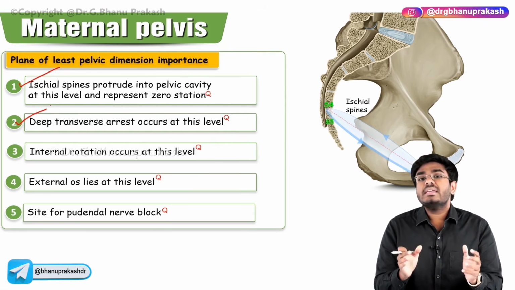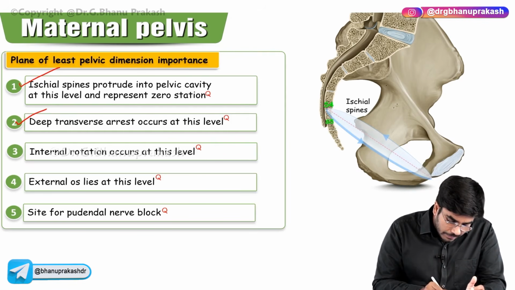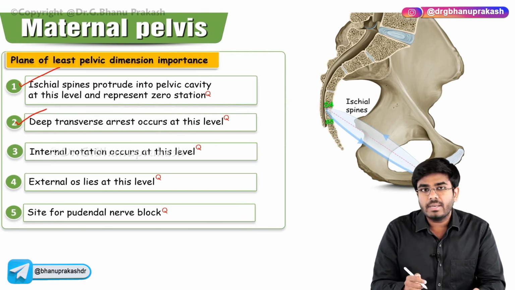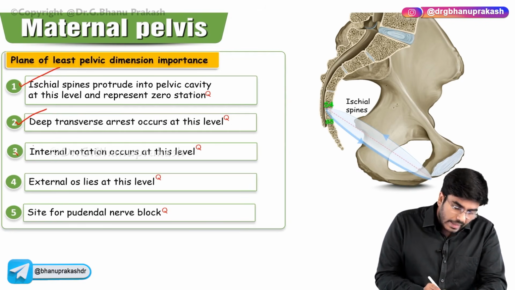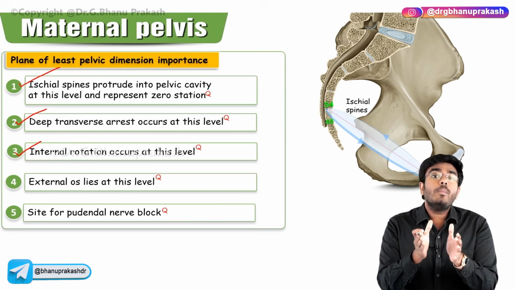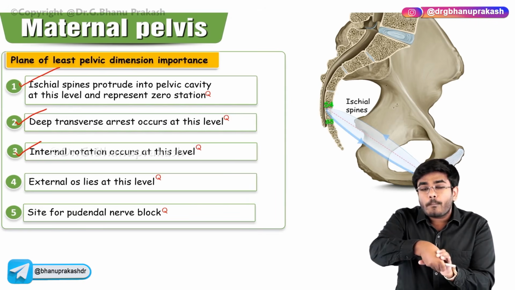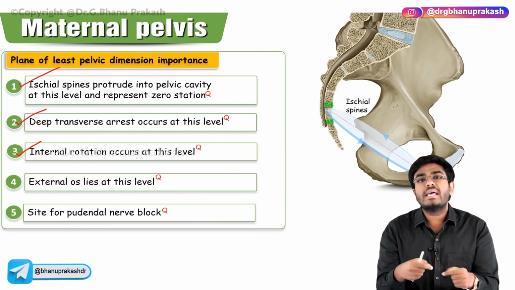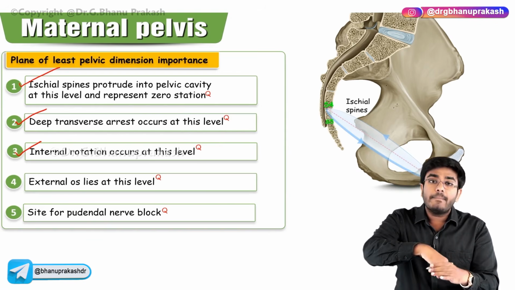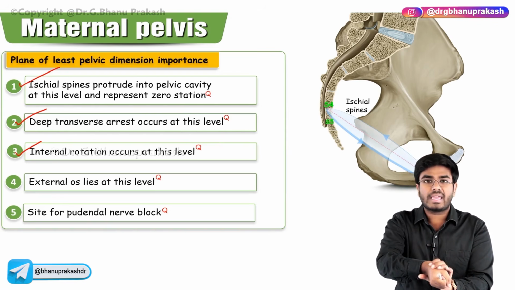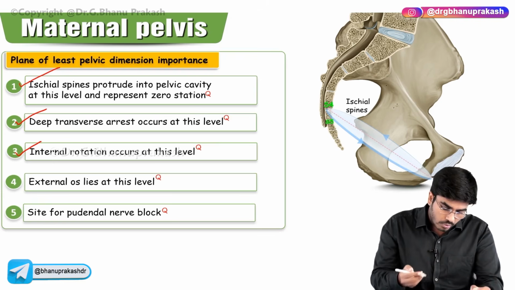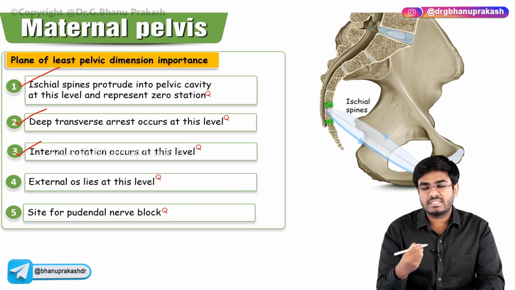As the area is narrower, deep transverse arrest can occur at this level. And as the area is so narrow, the baby will try to maneuver through it. That process is known as internal rotation. The baby is rotating internally in the cavity to come out of that area. So internal rotation occurs at this level.